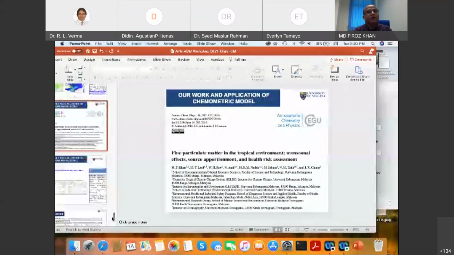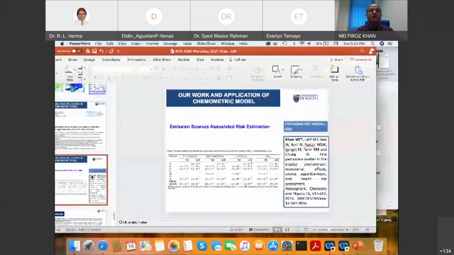And then in the last slide here, I want to introduce you to health risks, right? We now know how we can quantify the emission sources. And even our previous two presenters introduced the emission inventory for many different sources, right?